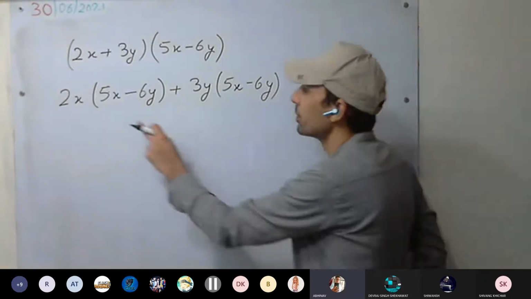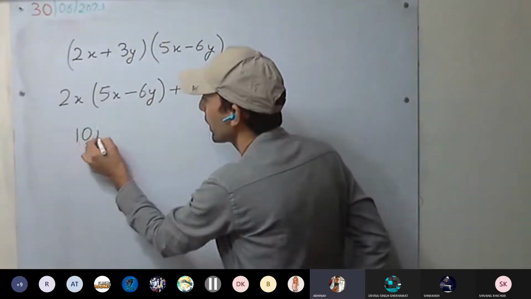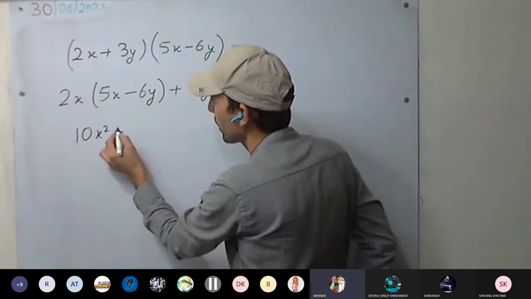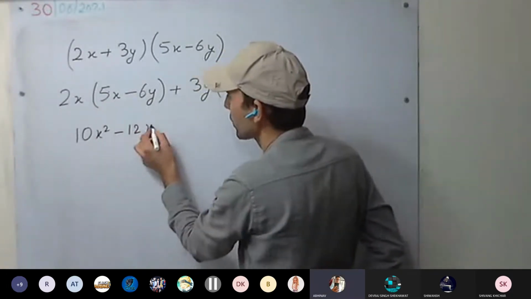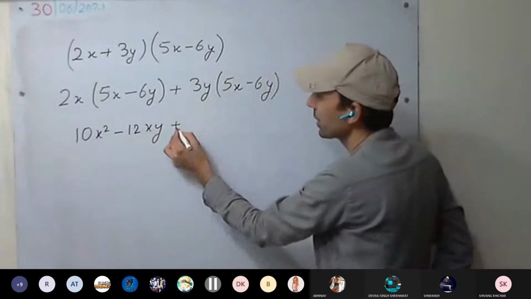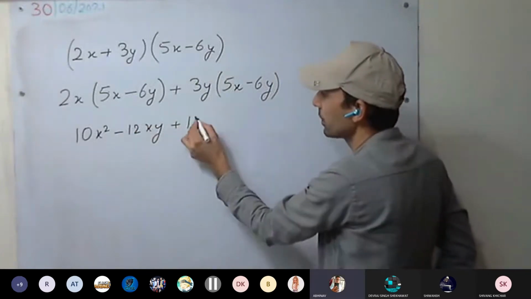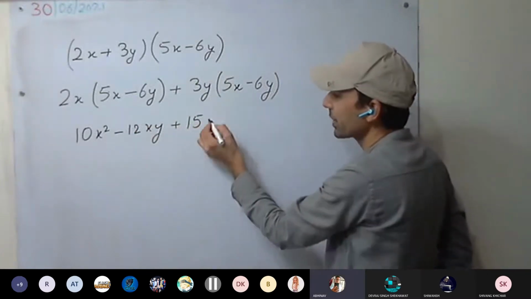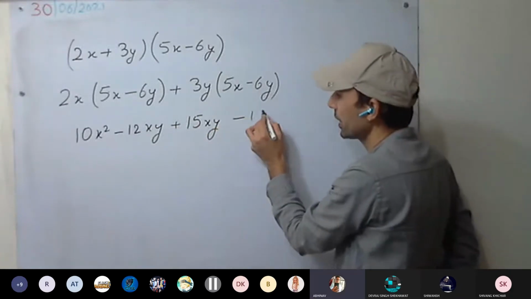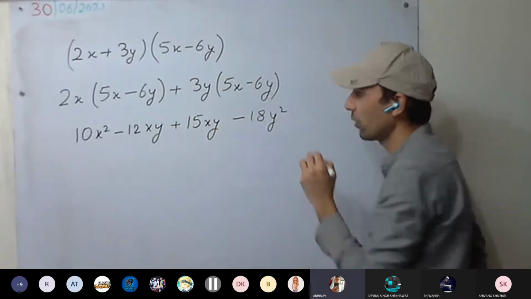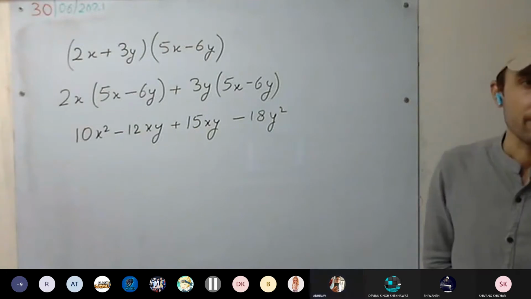So 10x square minus 12xy. Similarly here, 3 into 5 is 15xy minus 18y square.